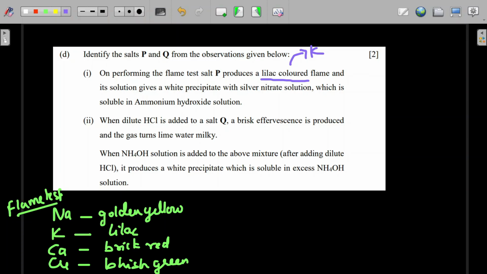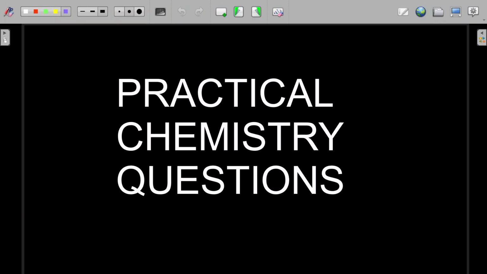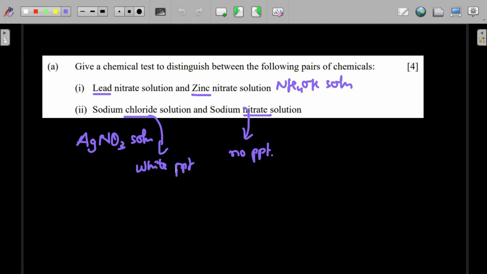The second part is giving you the hint about the anion. A white precipitate with silver nitrate, which is soluble in ammonium hydroxide solution. You have to identify the anion.